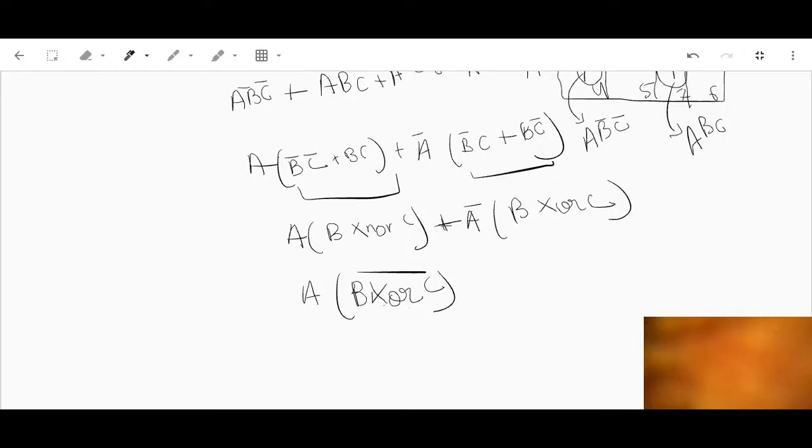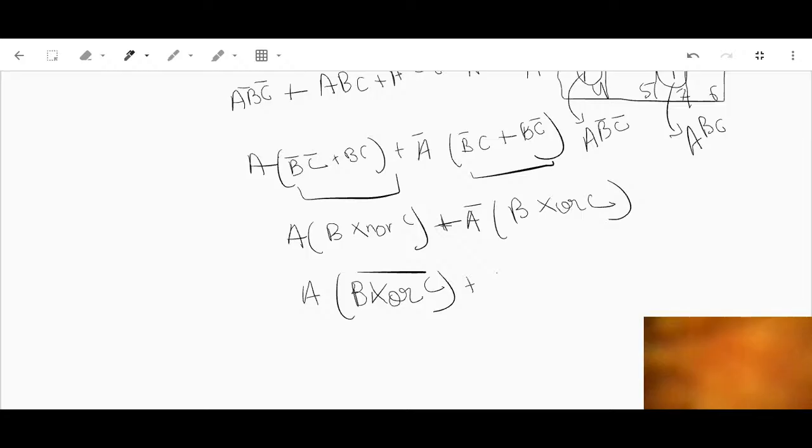Whatever it gets will be inverted, because of this inverse. Whatever this bar is on top of the XOR gate, that's why it will be reversed. The value of the input will be reversed in the output, just opposite.